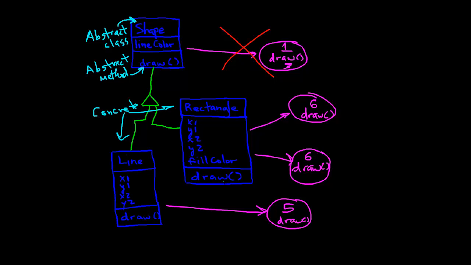The code for draw is there, and the code for draw in the line class is also there. So it's okay to instantiate rectangle objects and line objects in our system, but no shape objects. This draw method in the subclass is also known as an override, because what we're doing is overriding a method in our parent class. So is the method in line. They're both override methods.